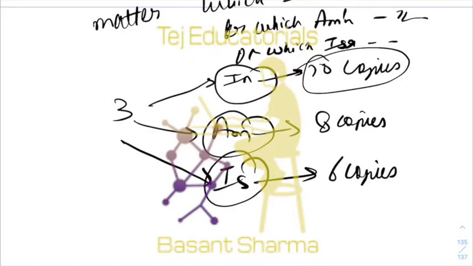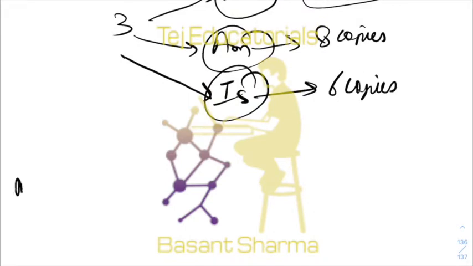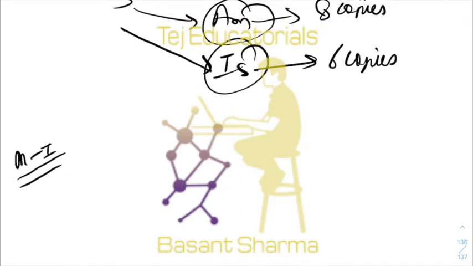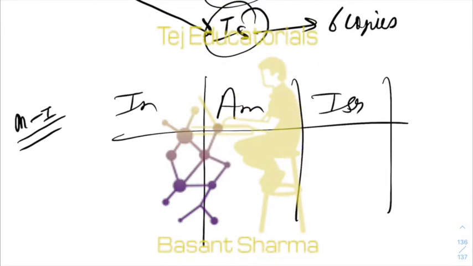Now how to do this? One method is, of course, if you are not comfortable with PNC and you want to use brute force, then you can make cases. Let's say you have Indians, Americans, and Israelis. You can select 4 Indians, 1 American, 1 Israeli, or 1 Indian, 4 Americans, 1 Israeli, 114, and so on.